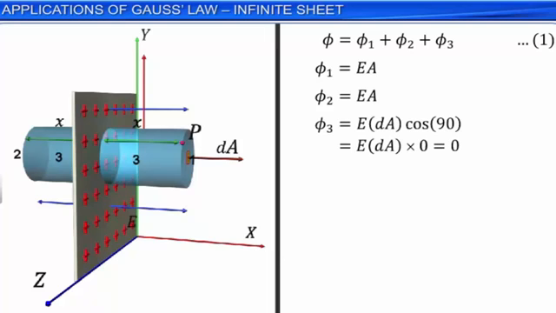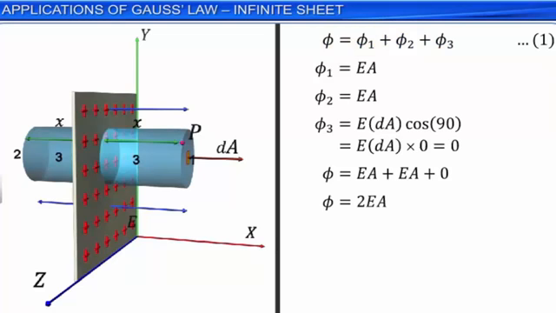Hence, no flux passes through this surface. Thus, the flux phi 3 through this surface is 0. Substituting the values of phi 1, phi 2, phi 3 in the expression for total flux phi, we get phi equal to 2EA. Let this be equation 3.